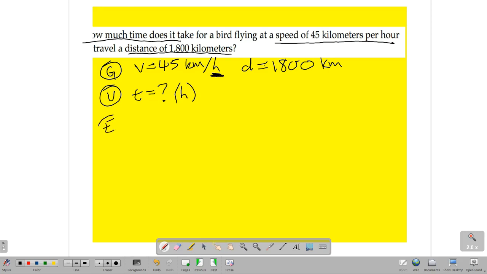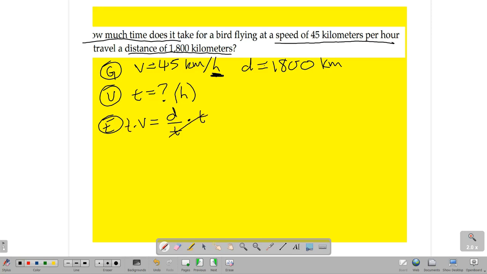So now I'm going to go to my equation. Now, if you know how to manipulate the equation and you just want to put the equation on there that starts t equals, that's fine. I'll go through how to manipulate it here. So v equals d over t. Okay. And then if I want to get t off of here, I need to get t out of the denominator, so I need to multiply by t on both sides.